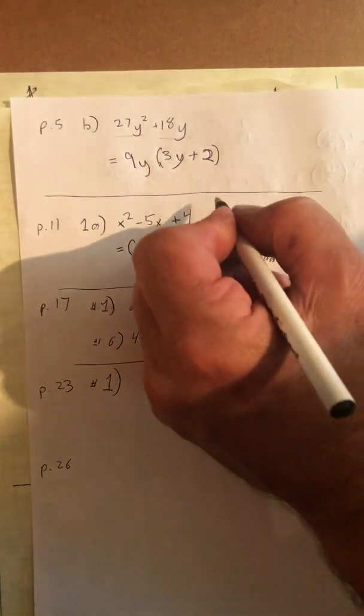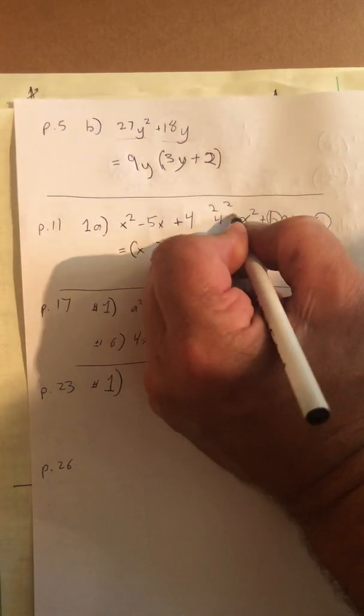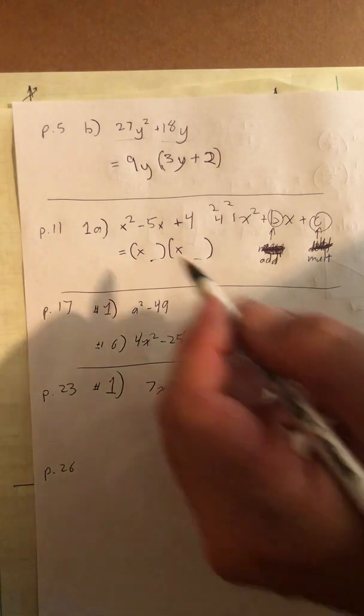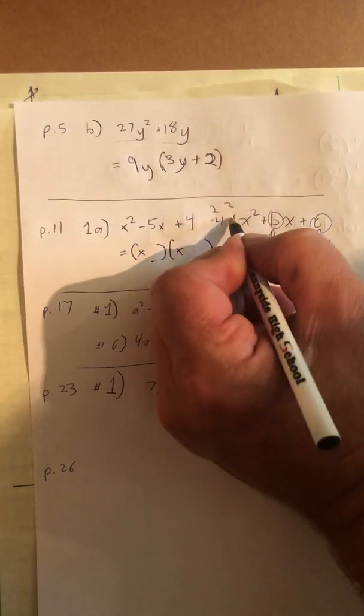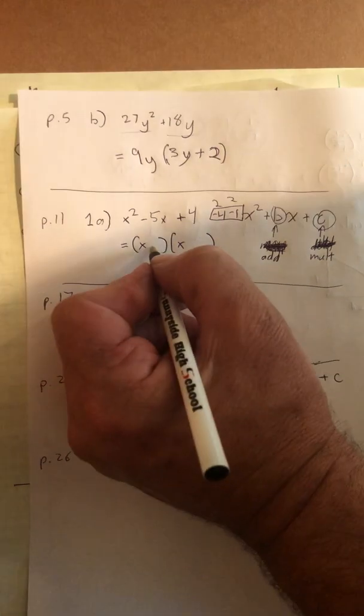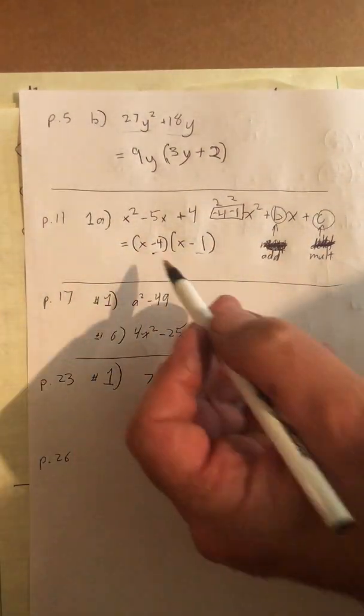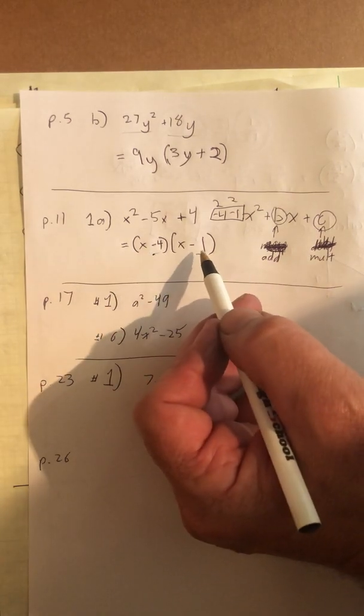Well, what multiplies to 4 is 2 times 2 and 4 times 1. And because that's a negative 5, if I make the 4 and the 1 both negative, there it is. So it's x minus 4 and x minus 1. If you put the minus 1 here and the minus 4 here, you're still okay.